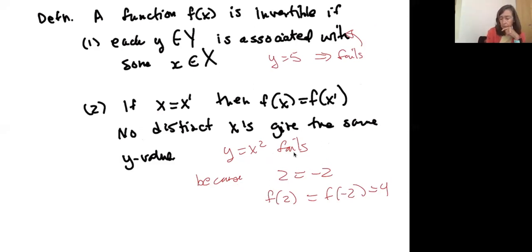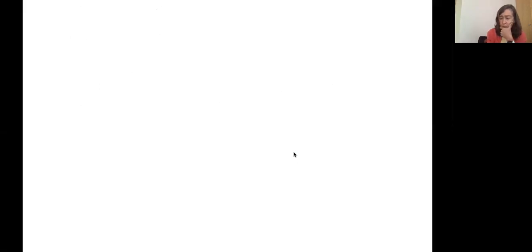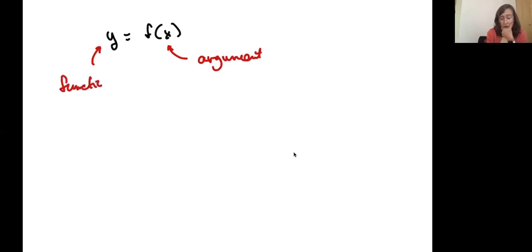So one last page here. y equals f of x. x is the argument of the function. y we might call the functional value. x is from the domain. y is from the range.